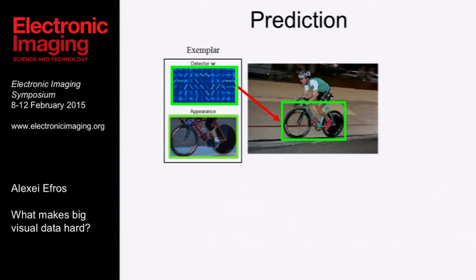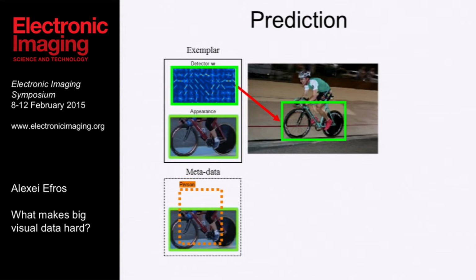And then you can do other things, like you can do prediction, for example. You can say, well, if you know that this is a bicycle, and let's say you have metadata that says that you also have annotated people, you can say, well, for this particular patch visual representation of the bicycle, it seems like in the training data a lot of the time you see this bounding box of the person on top of it.